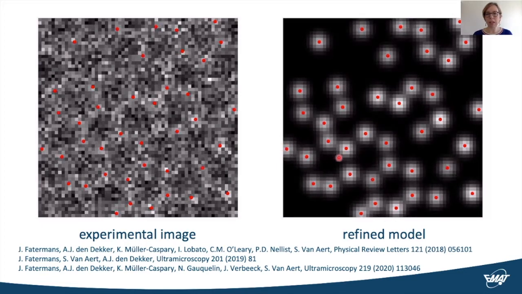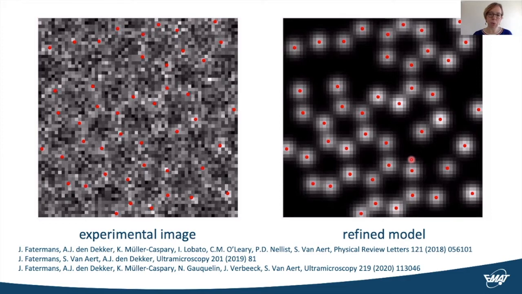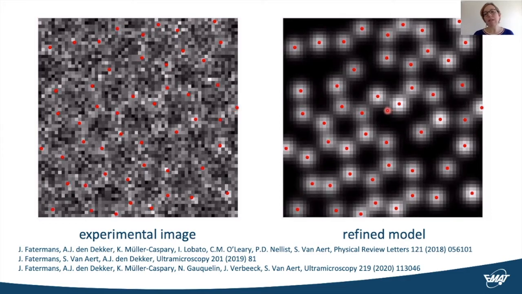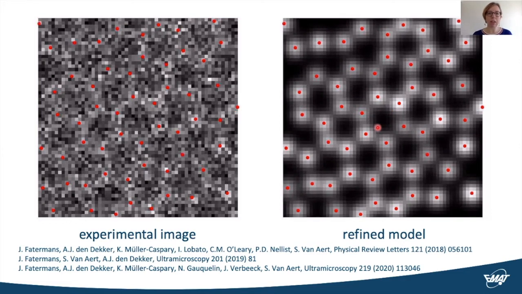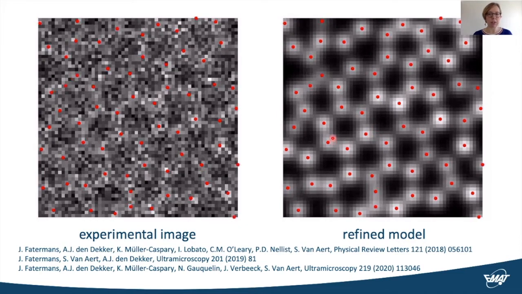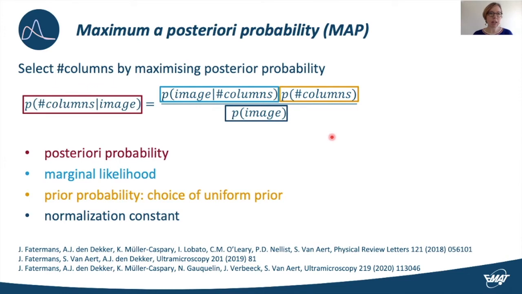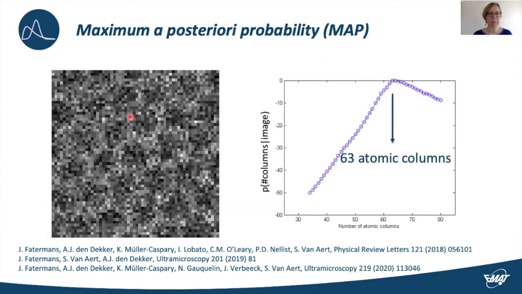And some people will like this model, for example, more than this model here, but this is a very subjective criterion. If we keep adding peaks, then at some point there will be overfitting. To overcome this problem, we introduced the so-called maximum a posteriori probability rule, or MAP in short, which can be used to predict the probability for a certain number of atomic columns given the experimental data.